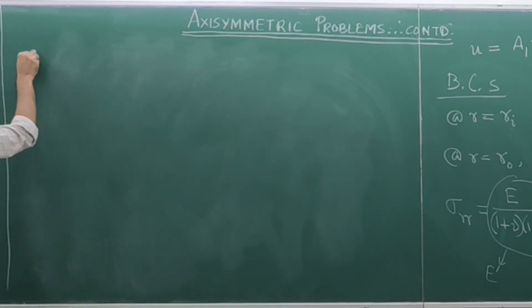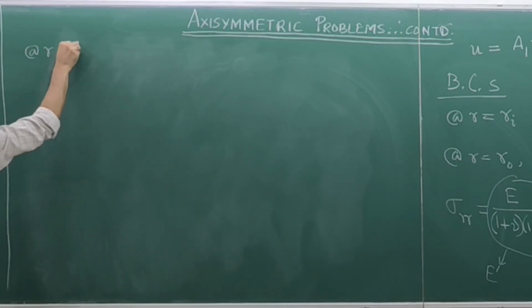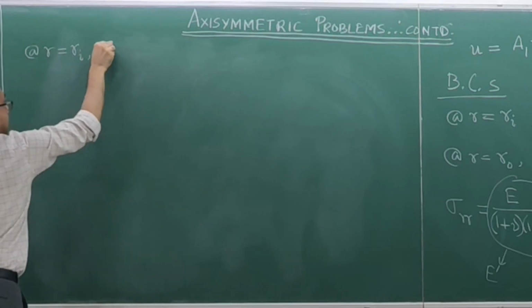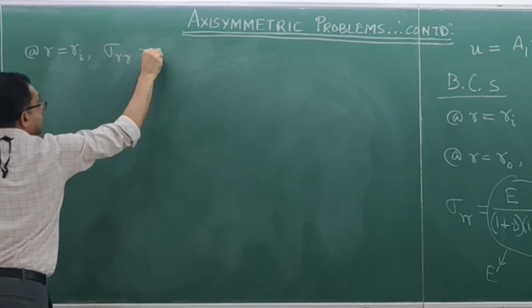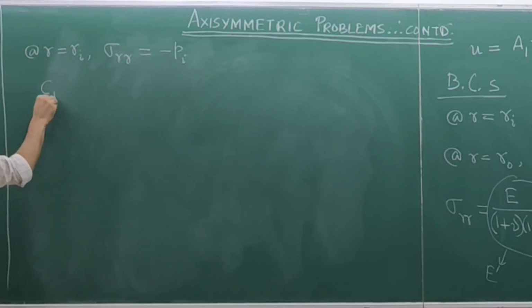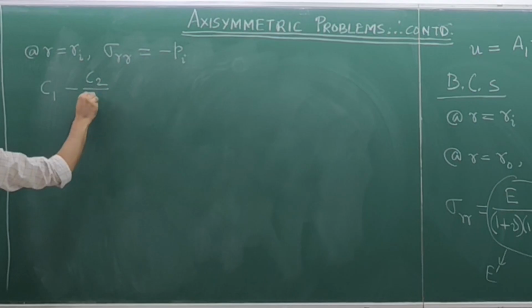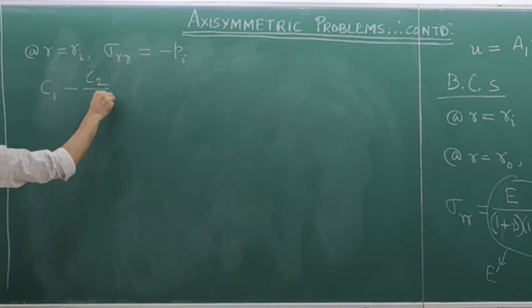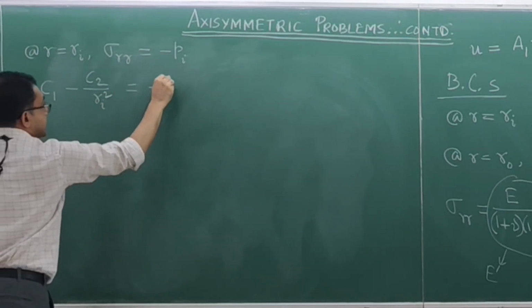At r is equal to Ri, sigma RR is equal to minus Pi, which means that C1 minus C2 by Ri square is equal to minus Pi.